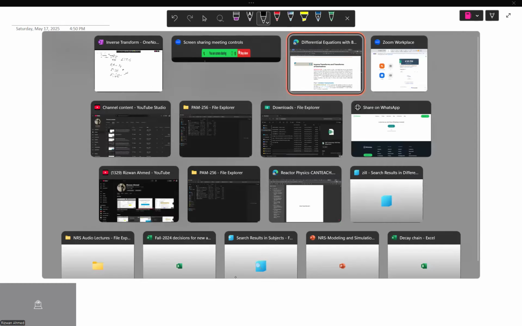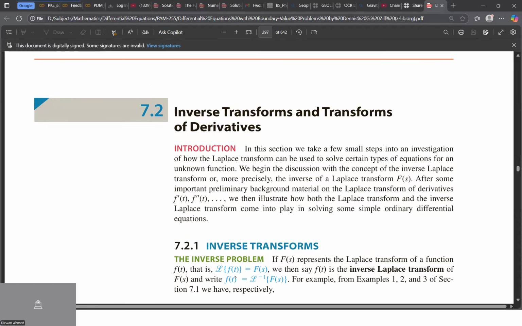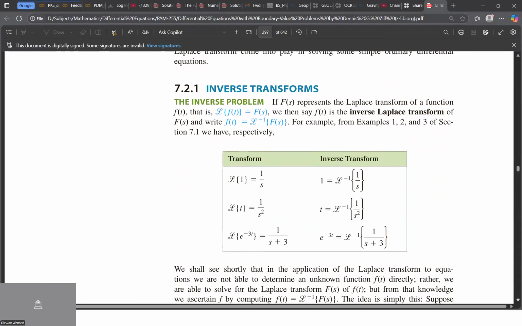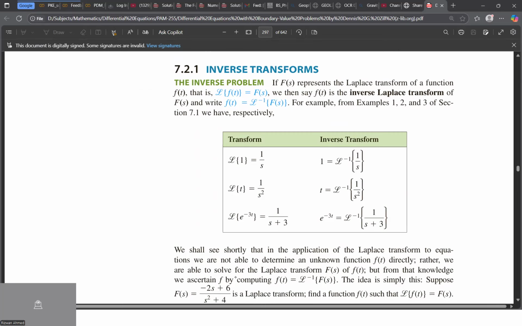Here, from the reference book by Professor Zill, we have the transform, and likewise in the inverse operation, this function's inverse is computed by inspection, or an analytical expression is returned by inspection.